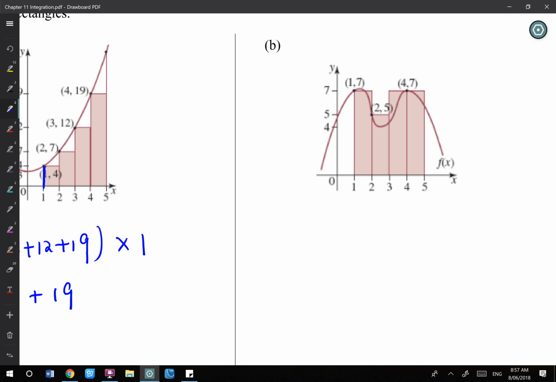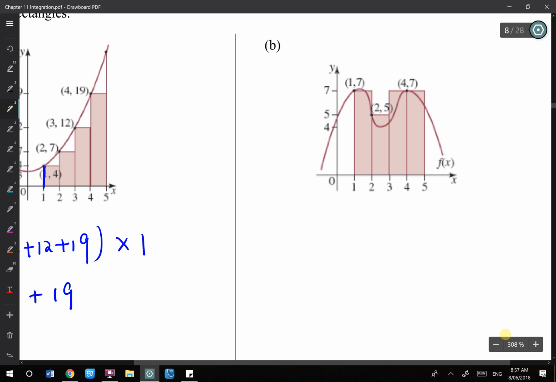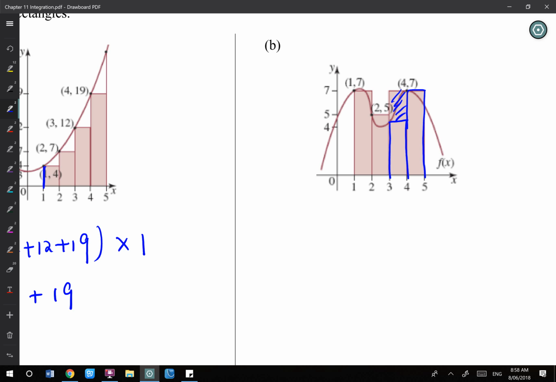If it's left, the first one still stays like that, the second one is good enough, but starting from the third one, you should have this, and the fourth one still stays like that. But this bit shouldn't belong to the left-hand side approximation. So it's not really a left or a right. If I use left or right, it looks like it's not good at all. It's not an increasing or decreasing function, so it's a random shape.